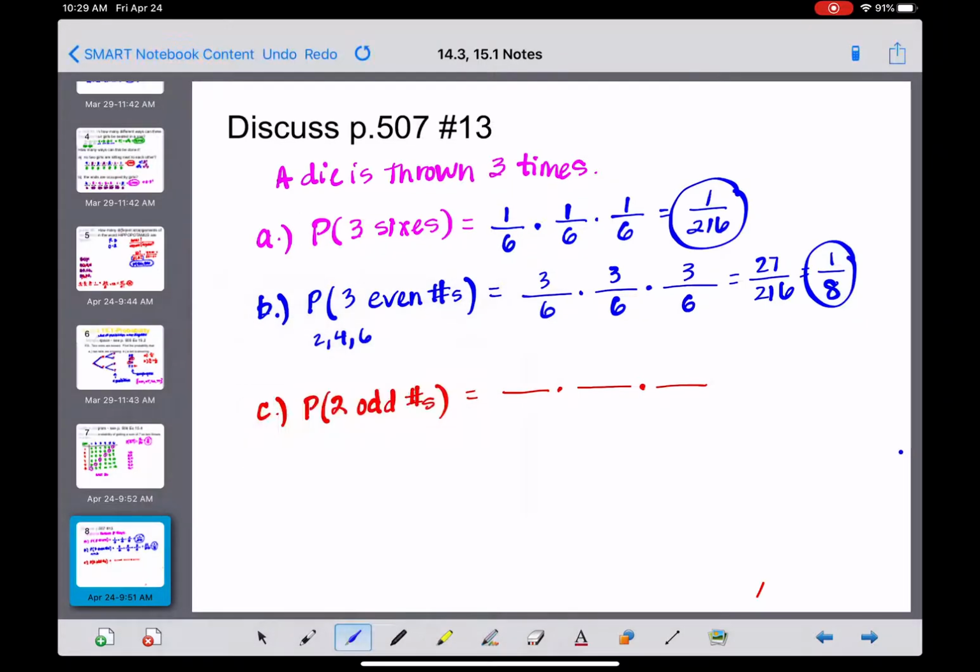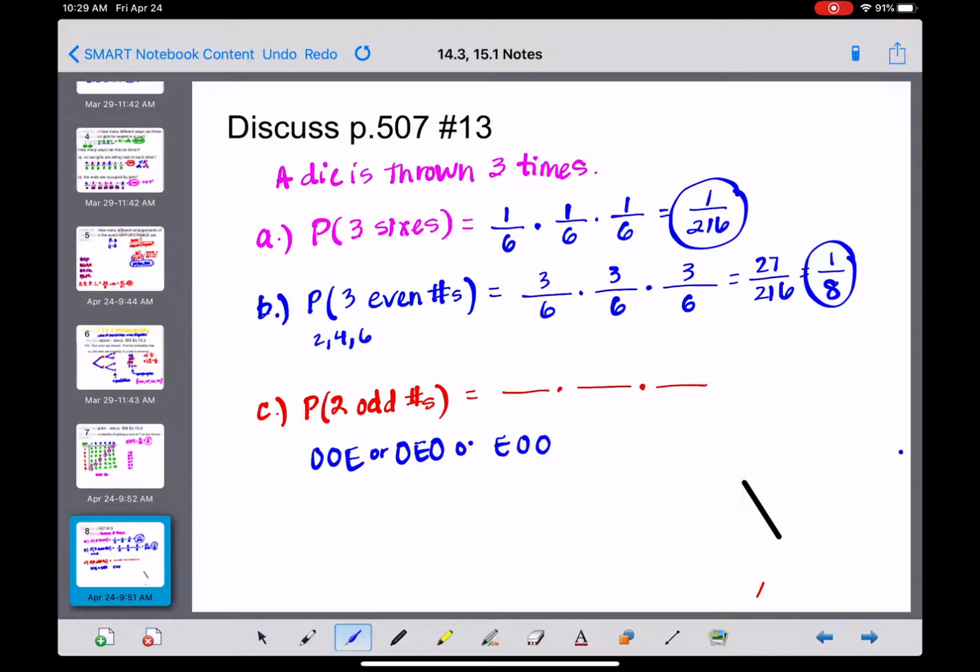If we have 3 rolls, that means we could get an odd number, another odd number, and then an even number. We could get an odd, an even, and then an odd, which would be another choice that we have there. And then the last choice is that we could get an even, an odd, and an odd. So those would really be our only choices.